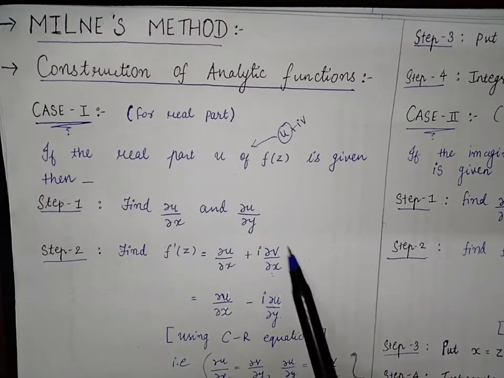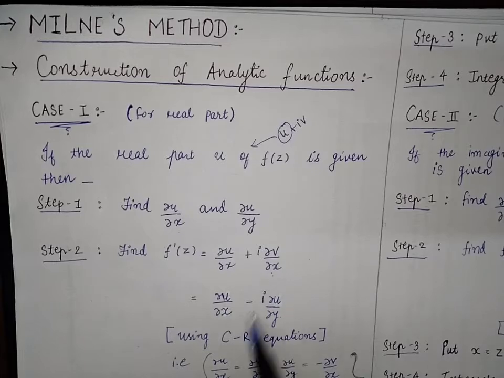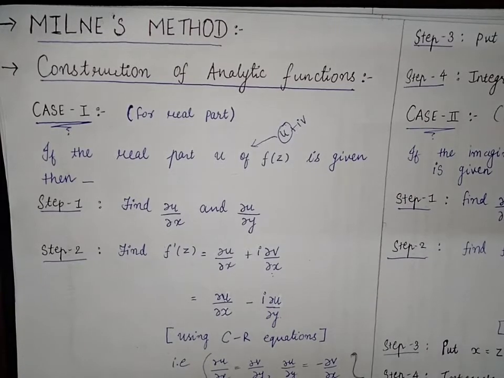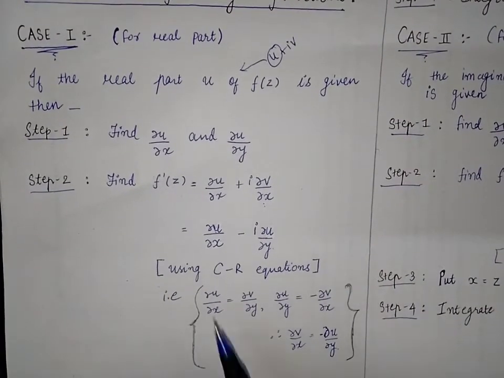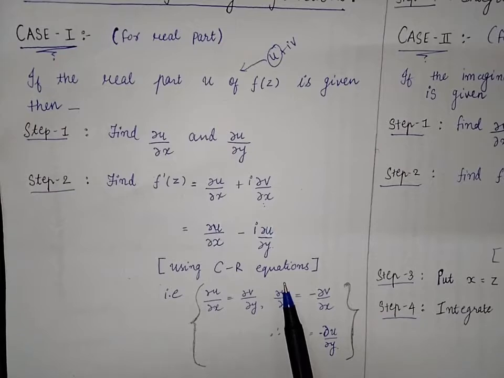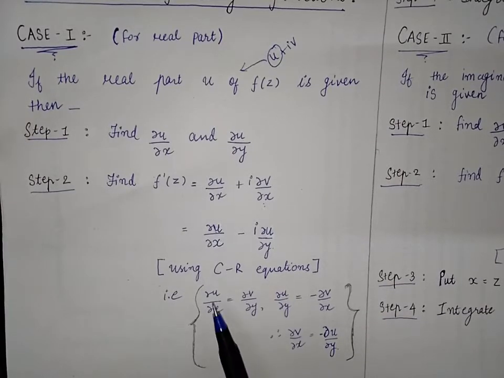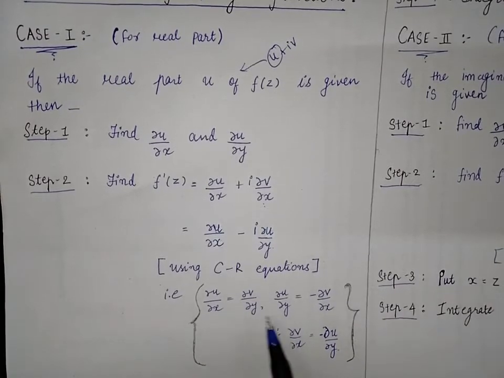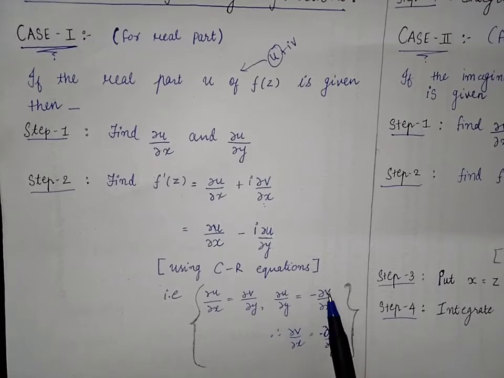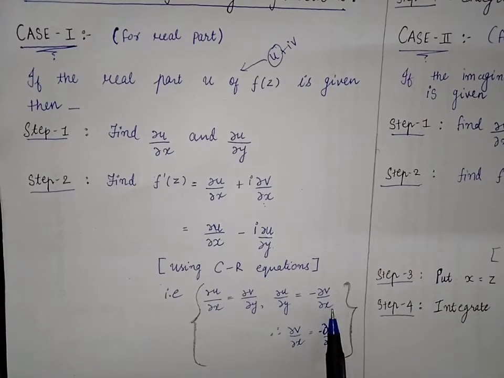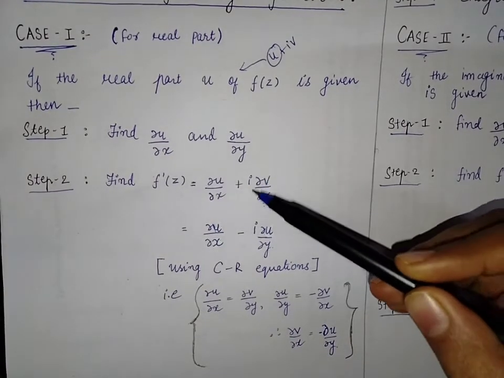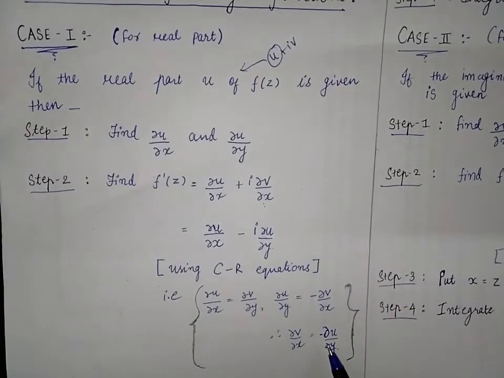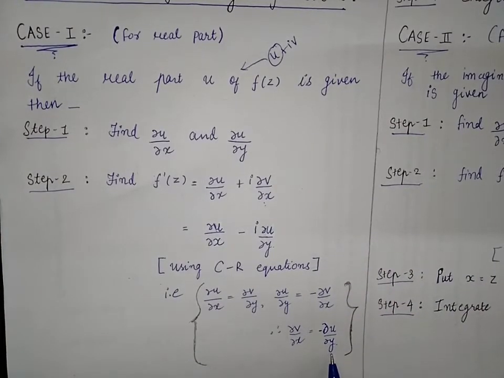Now how did del u by del y come in place of this del v by del x? By using CR equations, Cauchy-Riemann equations. What are Cauchy-Riemann equations? That is del u by del x equal to del v by del y and del u by del y is equal to minus del v by del x. So here in place of del v by del x, we can put minus del u by del y.